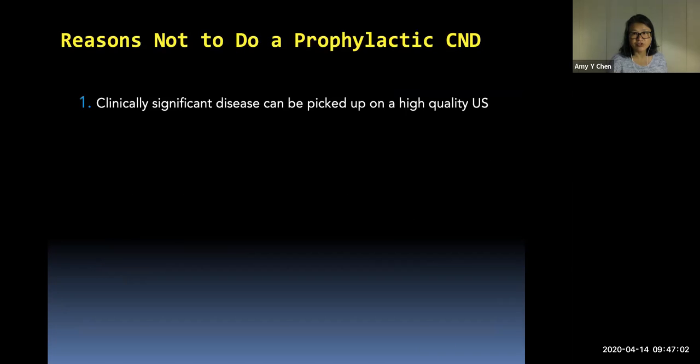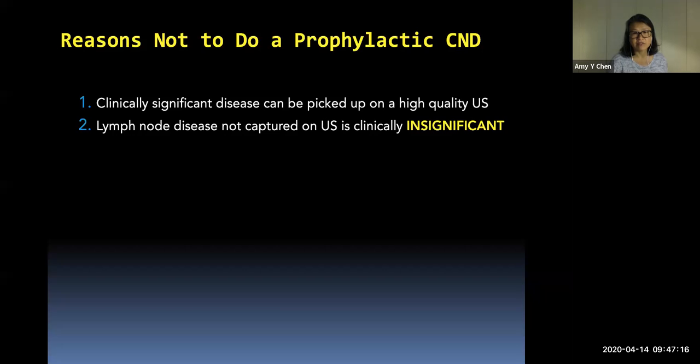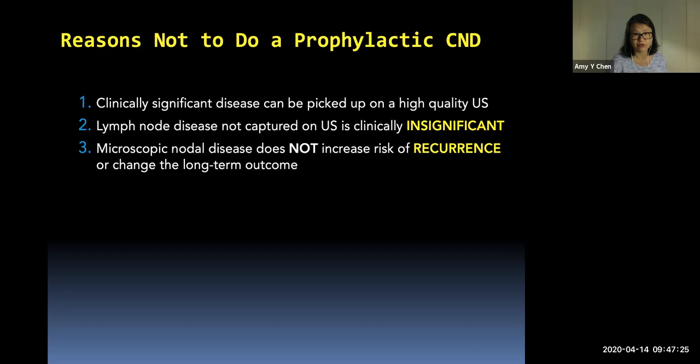So reasons not to do a prophylactic central lymph node dissection: clinically significant disease can be picked up by high quality ultrasound and a high quality ultrasonographer. And therefore to target the clinically significant disease is important. Lymph node disease not captured on ultrasound is most likely not significant. But again, you are relying a lot on your ultrasound and your ultrasonographer.